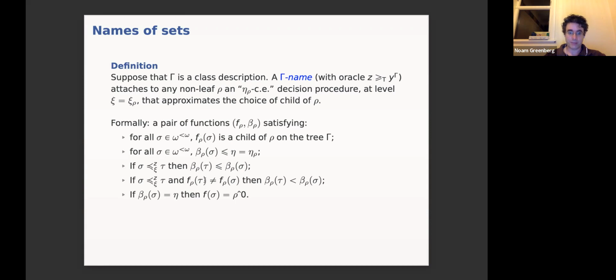If the same situation holds and I've changed my mind, then the ordinal has to go down, so that eventually those mind changes will stop along every path. And if I'm starting at the top ordinal, I have to choose this default outcome. So 0 is the default outcome. It's the one that I have to choose first and then maybe change my mind about. So that's a name of a set.